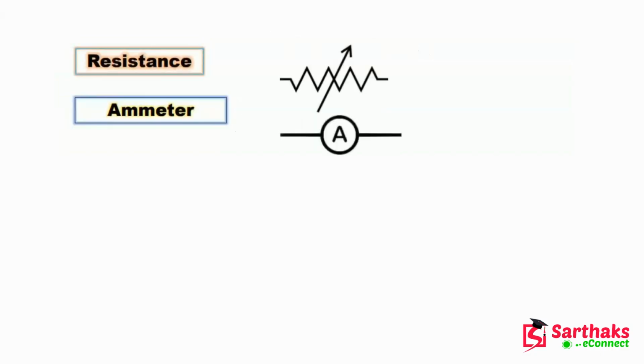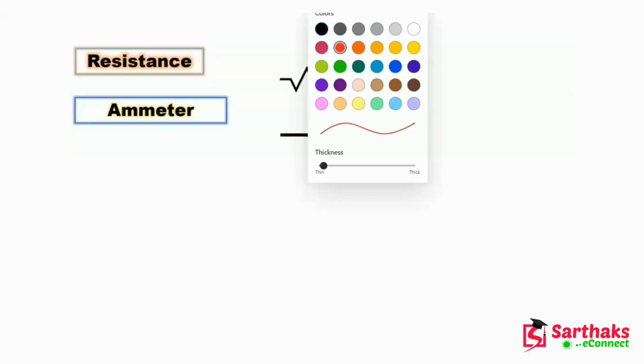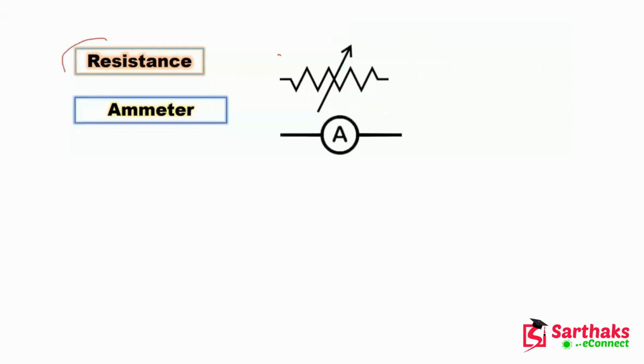Now let's move on to the next slide. Now, this is also a symbol of resistance. But you might be confused, what is the difference between this symbol and those symbols? So this is the symbol of a variable resistance.